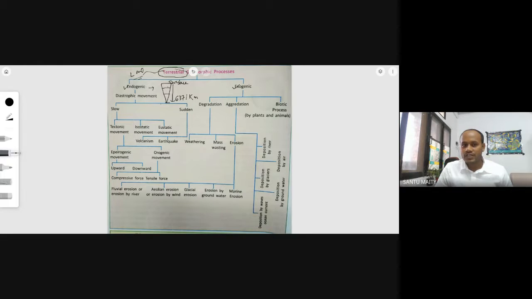So those processes which are operating inside of the earth are called endogenetic. Specifically in the mantle, the materials are in a liquid or quasi-liquid state, that means neither solid nor liquid, something in the middle.